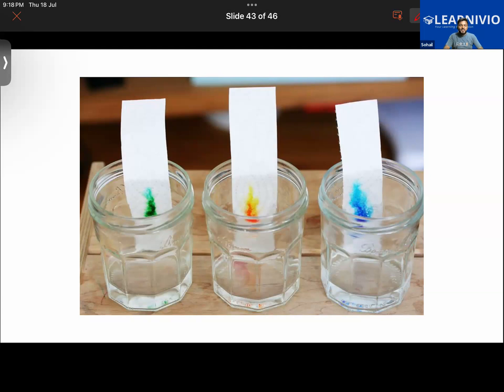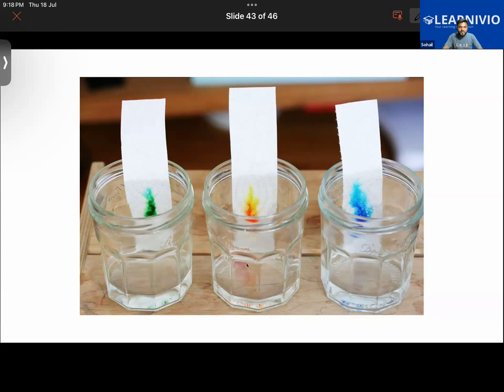So paper chromatography is a technique used to separate a mixture of soluble substances in a given solvent, a given liquid. For example, we can take a paper, as we have here, and partially dip it into the water, not fully, but partially.